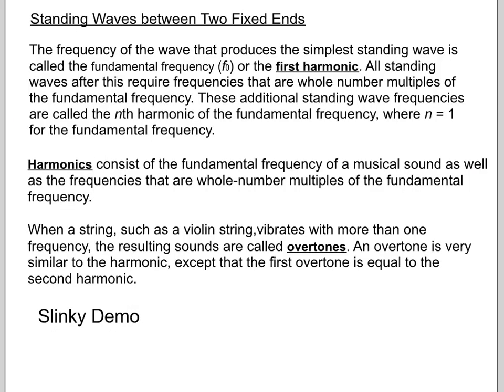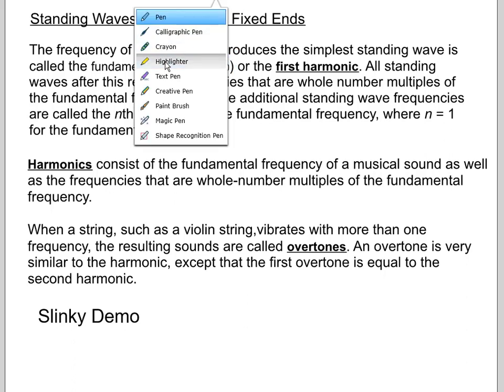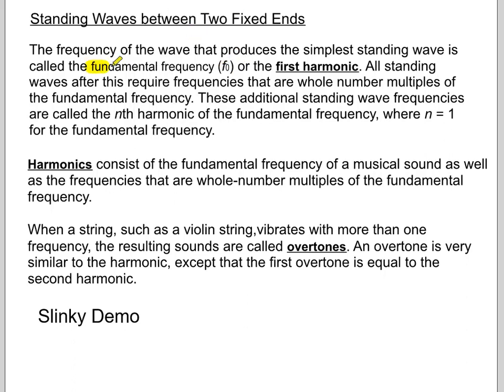Okay, so now we're going to continue working with 2 fixed ends. It's the easiest one to see, but we're just going to define a little bit more notation. So we have something called the fundamental frequency, also sometimes called the first harmonic, and it's also going to be tied with something we're going to call n equals 1 for the fundamental.